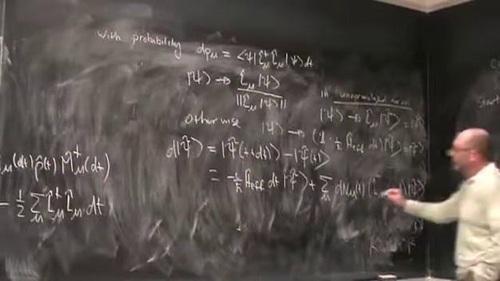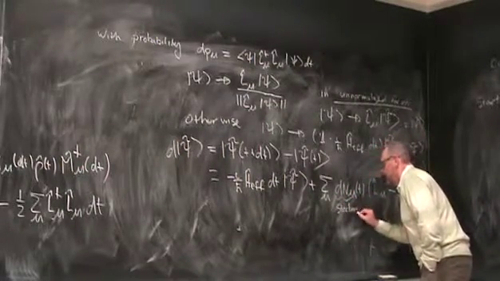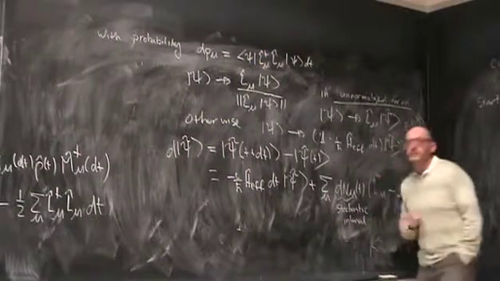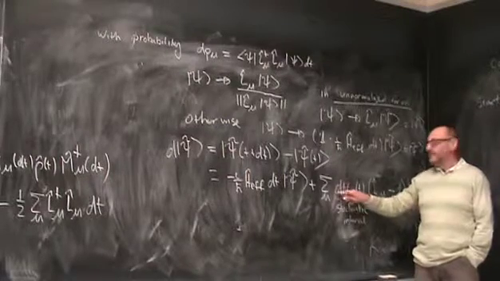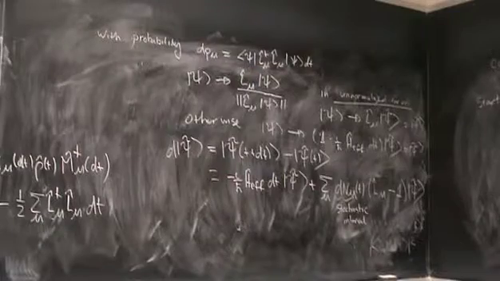Okay. Where I've introduced something new. These dn mu's are what we call stochastic intervals. So this is not a deterministic differential. It's a random differential.